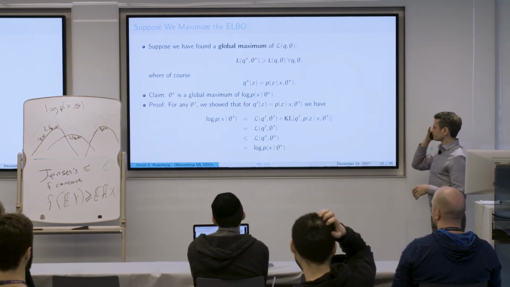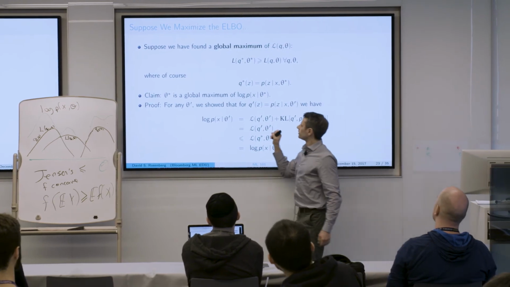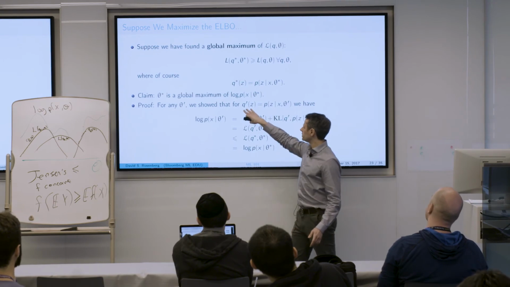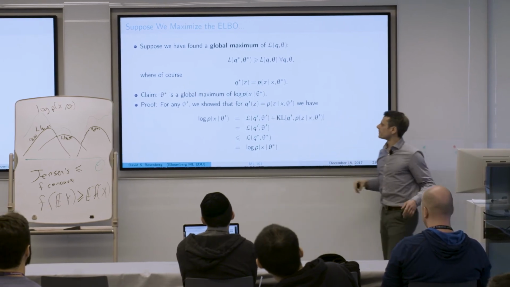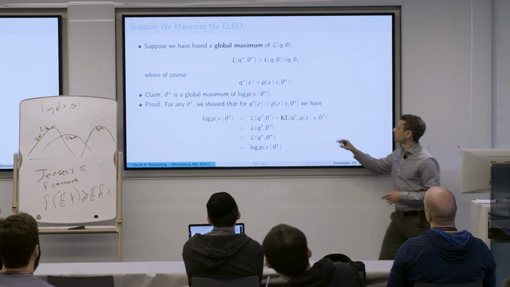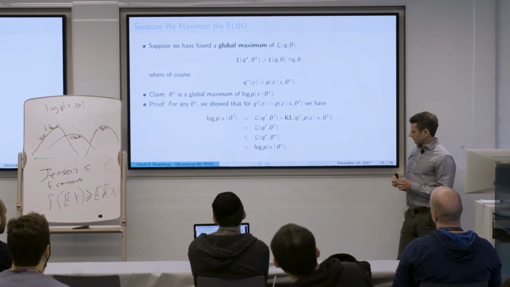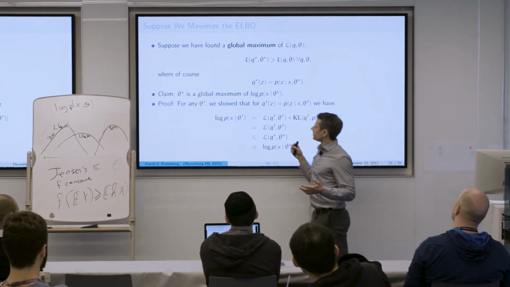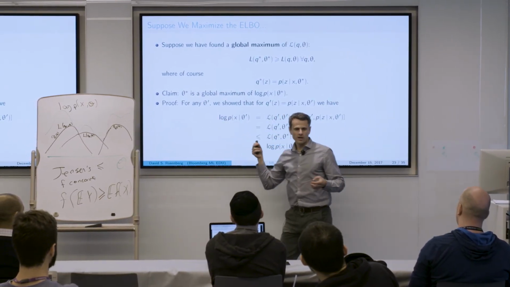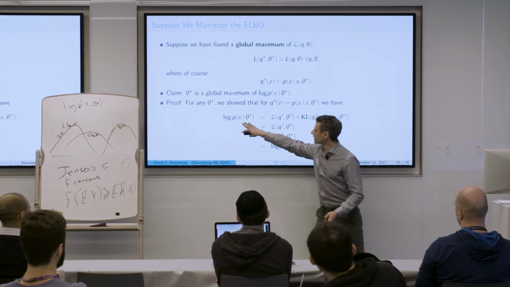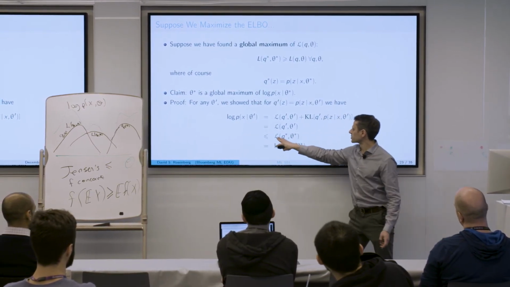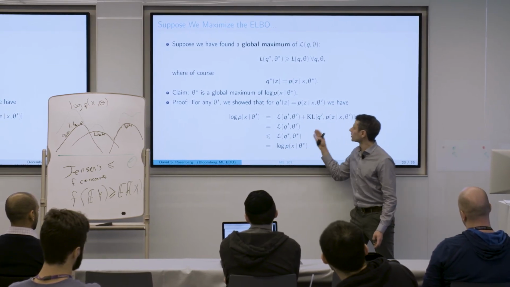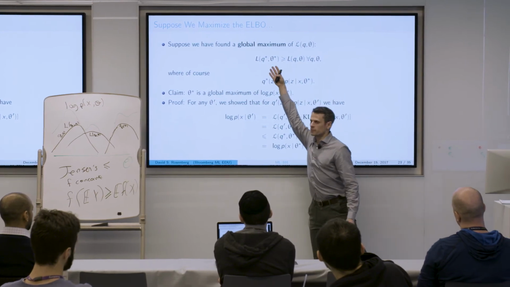So let's do the following. This is just for any arbitrary theta, we know that the optimizing Q is of this form. Now, what's the general strategy here? We're going to pick any theta prime, and show that the marginal log likelihood of your data under theta prime is less than or equal to the marginal log likelihood under the theta star, which optimizes the lower bound.